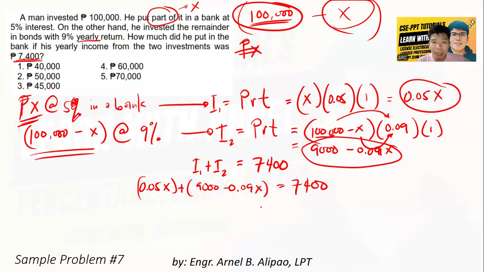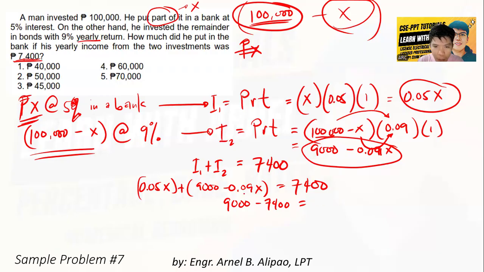Now let's combine like terms. I'm gonna retain 9,000 here, minus 7,400. I bring 7,400 from the right side of the equation to the left, so it becomes negative.